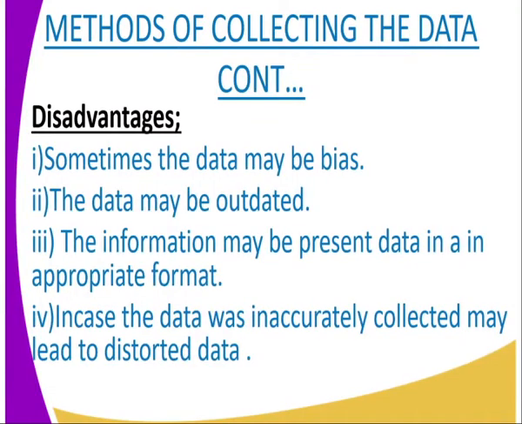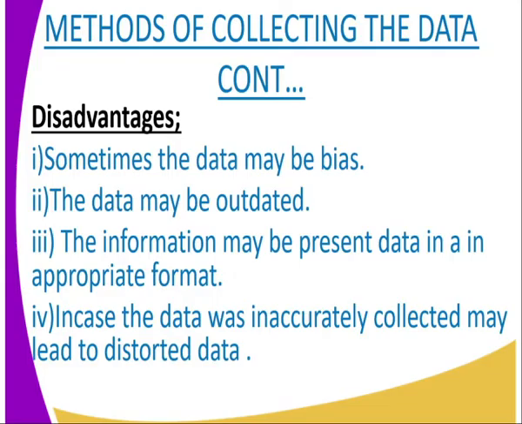Disadvantages. Sometimes the data may be biased. If the person who collected it was not accurate, you get biased answers. Then the data may be outdated. For example, when you are talking about population, you go and get the 2009 data, which is incorrect. 2019 cannot be the same as today.